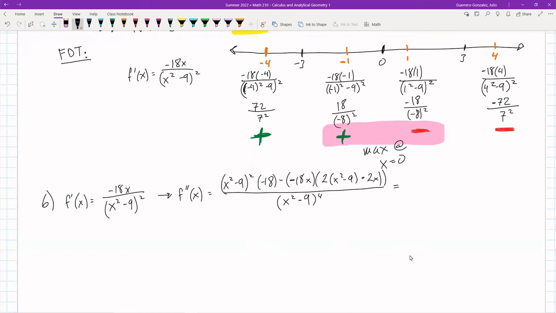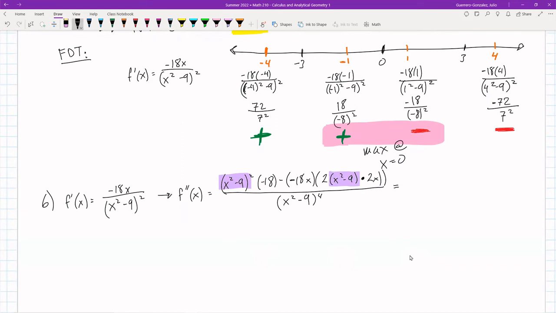Let's simplify the top a little bit. I'm going to keep the x squared minus 9. Watch this. This is what I mean by trying to be elegant with your arithmetic. There's an x squared minus 9 in everything up top, so that's exactly what I'm going to do.